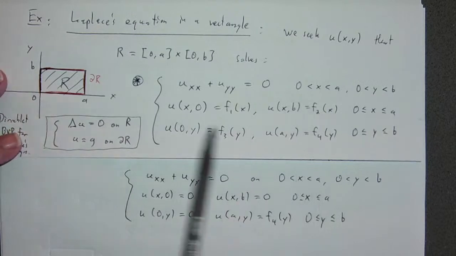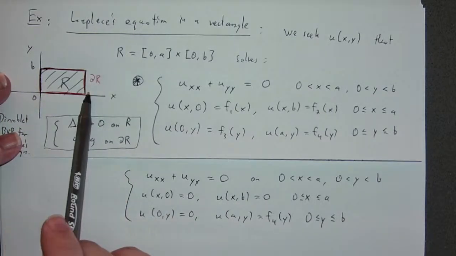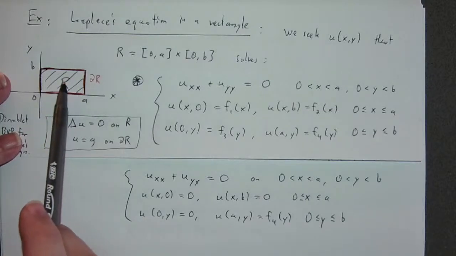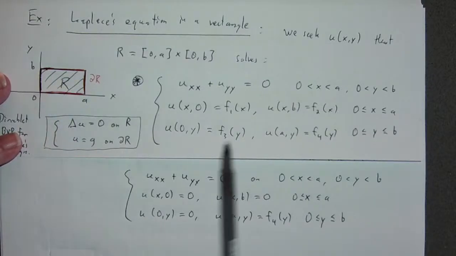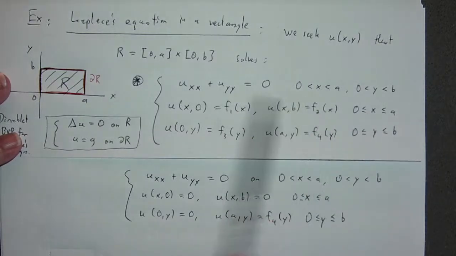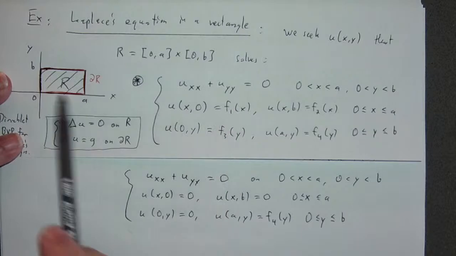So 0 everywhere except on the bottom, and then we could consider 0 everywhere except at the right end, which is what we have here. And then we could consider 0 everywhere except on the top, with f sub 1, f sub 3, and f sub 4 being 0, and f sub 2 generic. And then we consider the BVP where it's 0 everywhere except at the left end, which I already did.